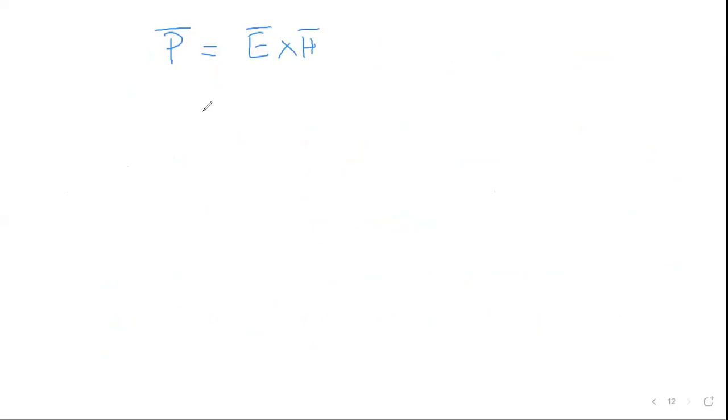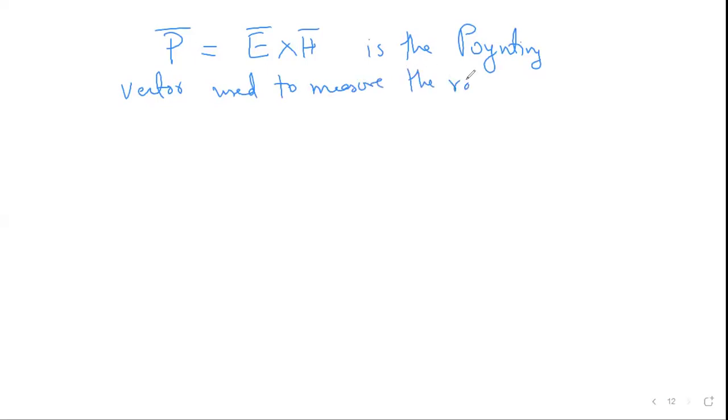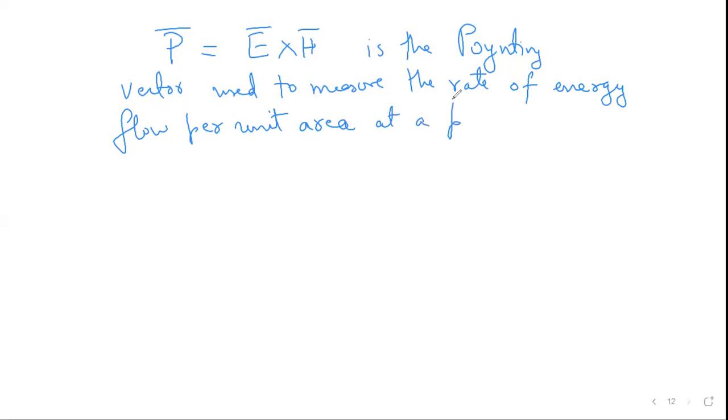So P is equal to E cross H, the Poynting vector, used to measure the rate of energy flow per unit area at a point.